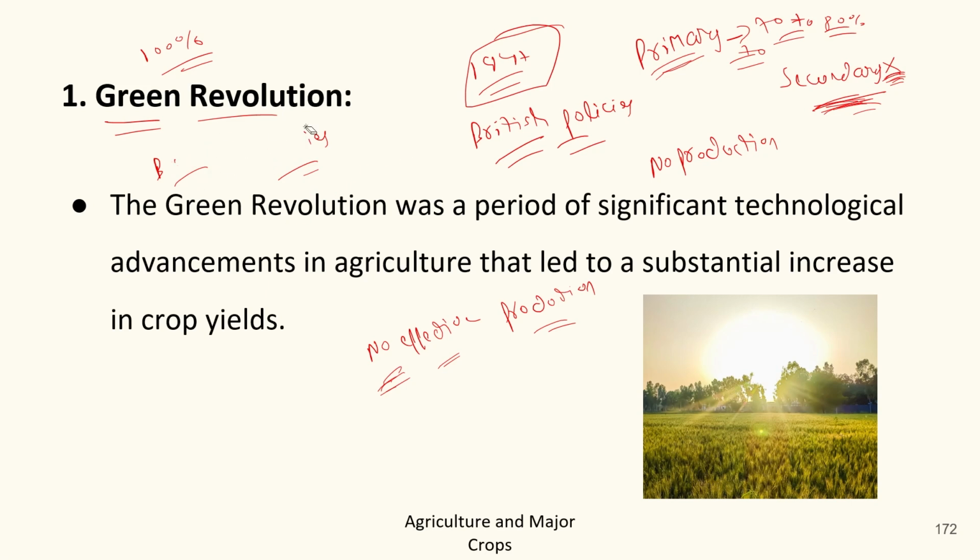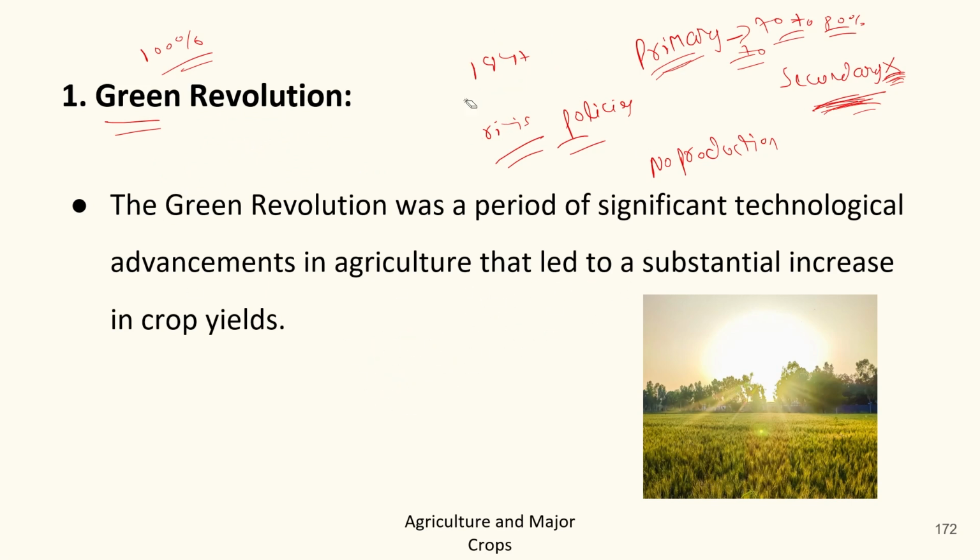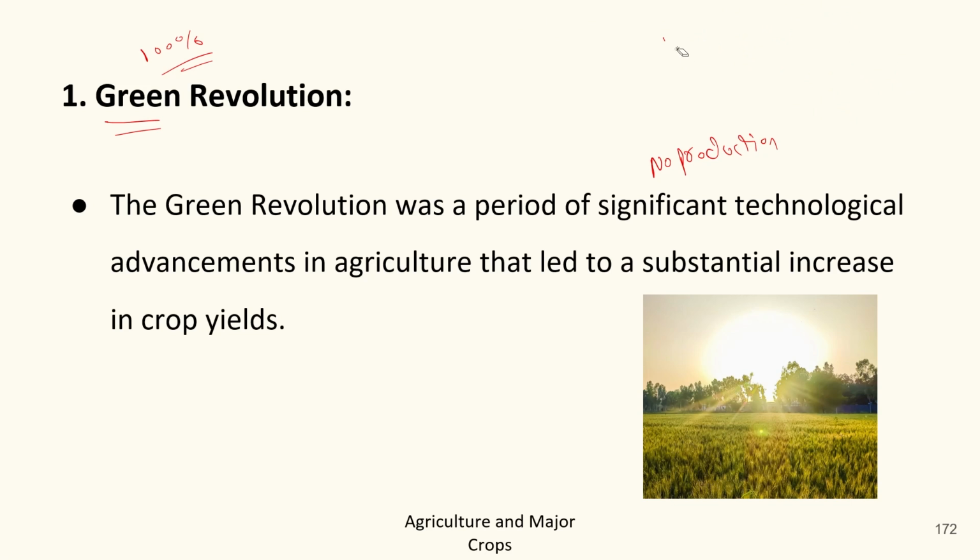So after getting independence, the Indian government had to deal with this situation, and the first thing was they started to import food grains, because food is the basic source for the functioning of the nation.